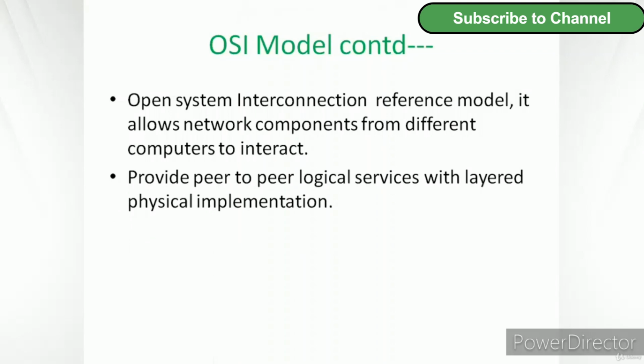Peer-to-peer logical services means the processes on each machine that communicate at a given layer are called peer-to-peer processes. That means one process is running at a given layer in the sending machine, and the same at the receiving side. So the layer from the sender and the layer from the receiver can communicate with each other. That is process-to-process communication.